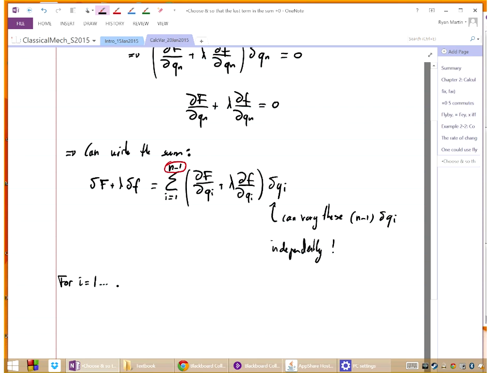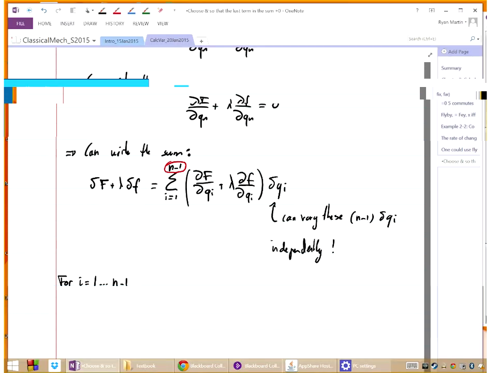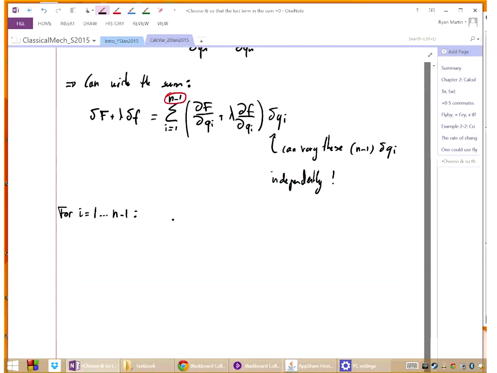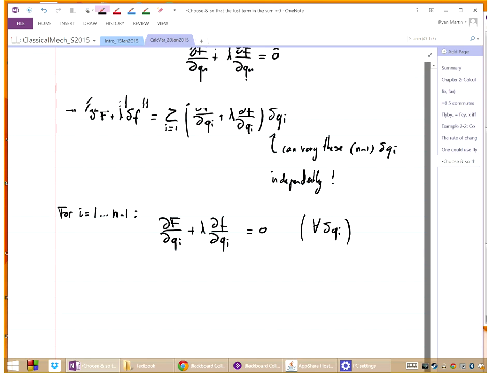So now, for i equals 1 to n minus 1, we can write that the terms in the sum, ∂F/∂qi plus lambda ∂f/∂qi, equal 0 for all delta qi. And so that solves our problem.